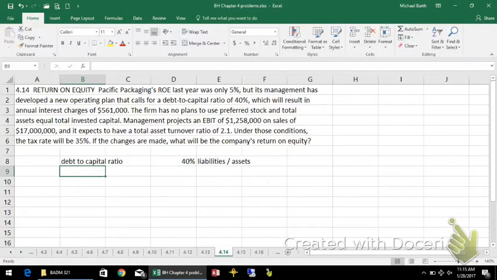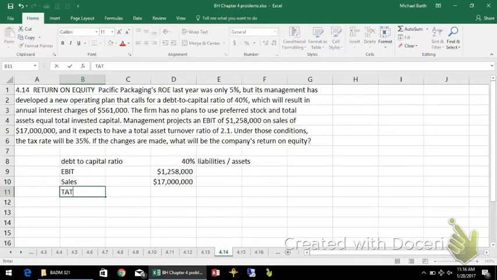All right. Moving on, we got an EBIT, earnings before interest and taxes, of $1,258,000, and sales of $17 million, and we have a total asset turnover of 2.1, and that is sales per dollar of assets.